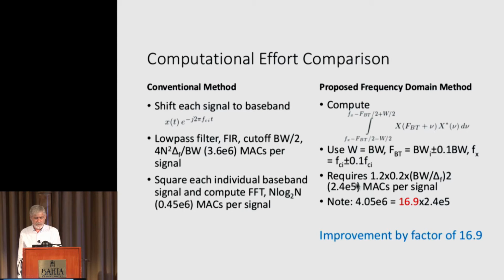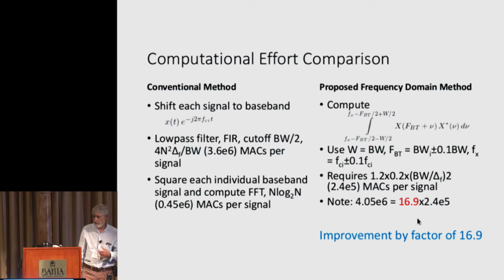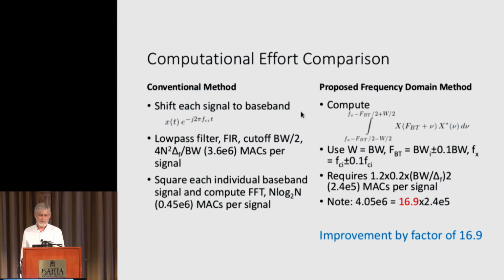And then I came up with about 2.4 times 10 to the 5 multiply accumulates per signal. And comparing the two sides here, I get close to a factor 20 improvement by using the frequency domain method as opposed to the conventional method.